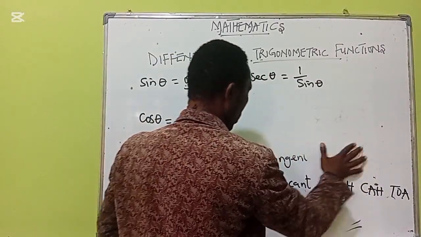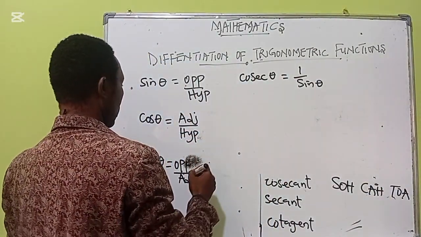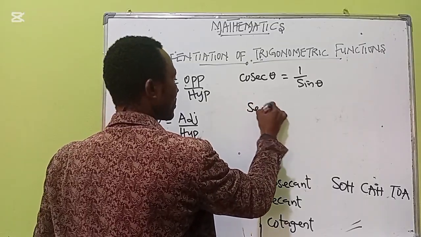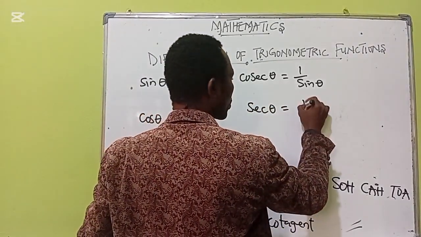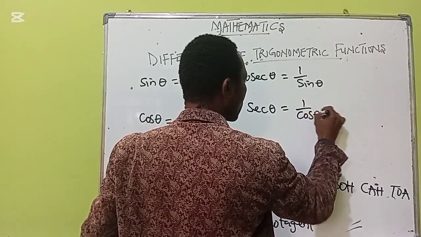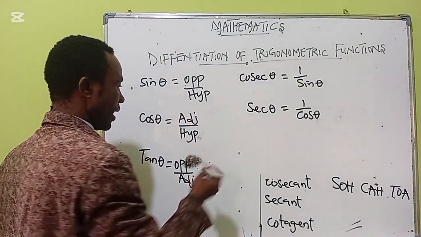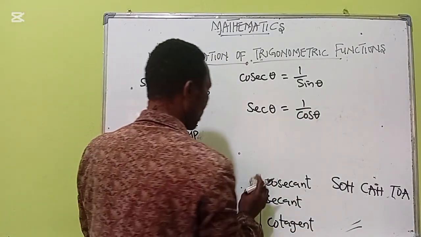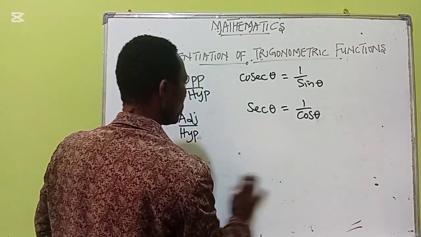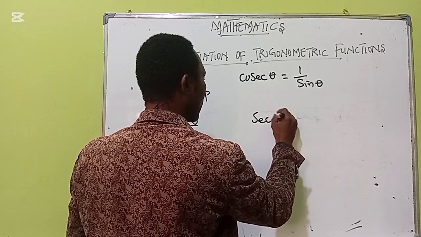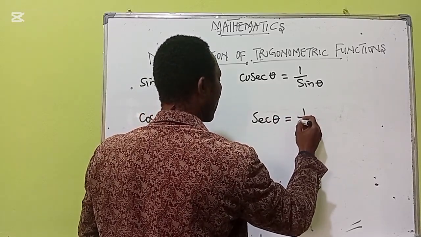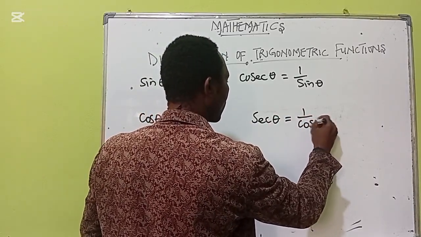Then sec theta is equal to 1 over cos theta.